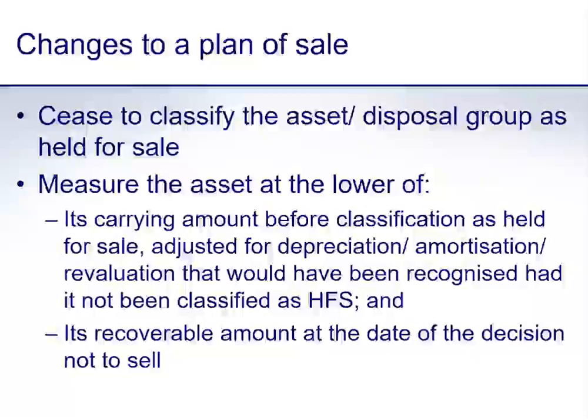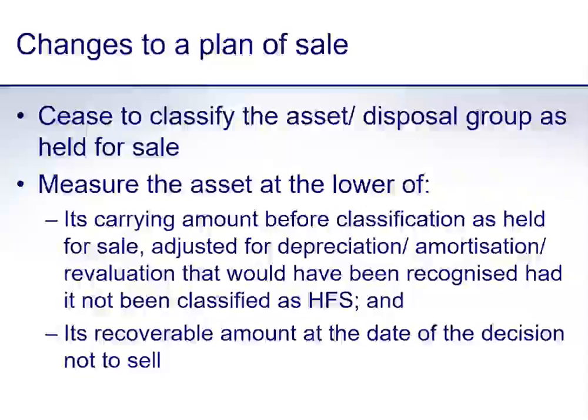So if I stopped depreciating an asset 2 years ago, and I've now taken the decision that I'm not going to dispose of it, well, in year 3, I will need to do a catch-up on my depreciation. So all the depreciation that should have been recognized in years 1 and 2 will then be recognized in year 3. So effectively, I will have a significant hit in that particular year. But I measure the asset at the lower of the carrying amount before classification, adjusted as described, and I compare that with the asset's recoverable amount at the date when the decision not to sell was taken.